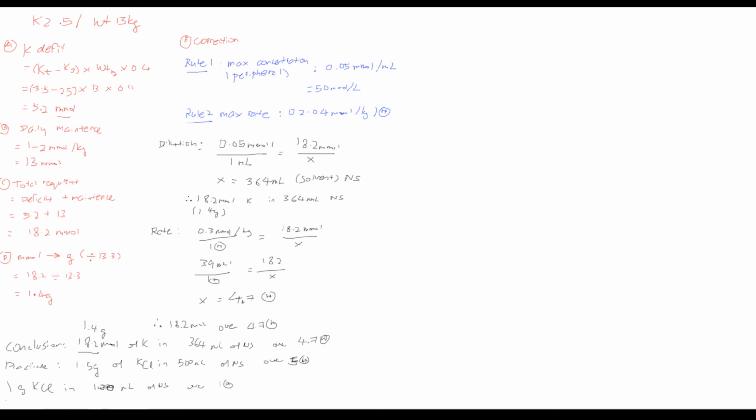Or we can also give 2 grams of KCl in 200 mils of normal saline over 2 hours. This is in adults. This is also what we call fast correction.